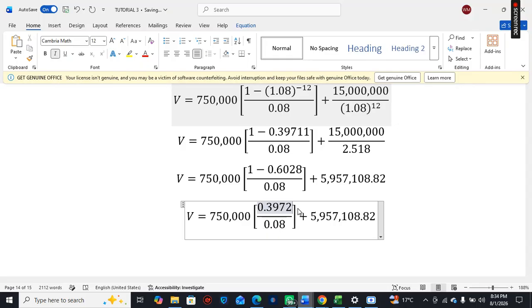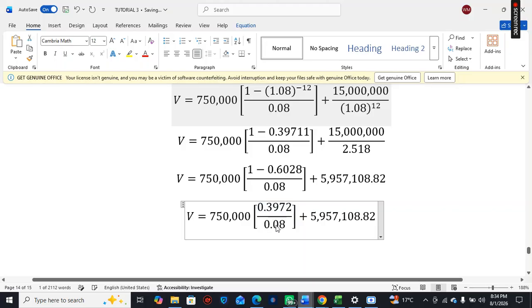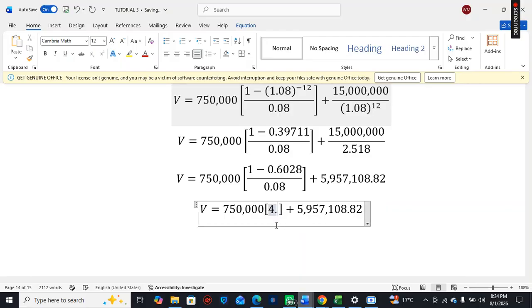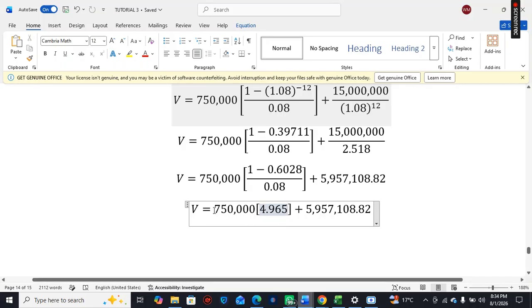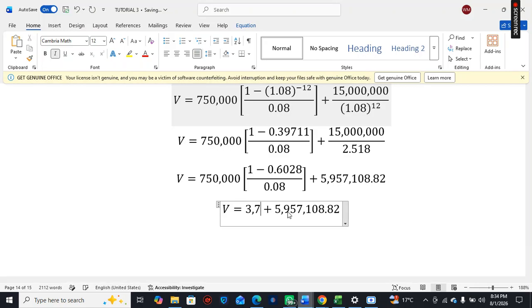Okay. 0.3972 divided by 0.08, we get 4.965. 4.965 multiplied by 750,000, you get 3,723,750.